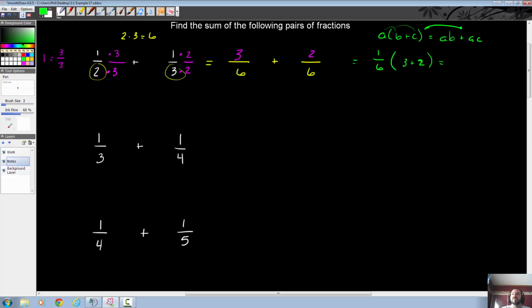That gives you 1/6 times 5, which is 5/6. The other way you can do it is, obviously, if you recognize that all I did was add the numerators, then you can just go ahead and add the numerators. That's it. That's all you have to do.